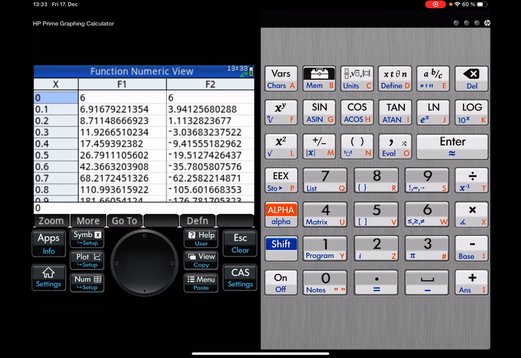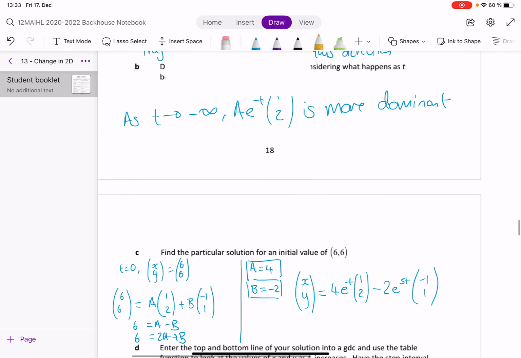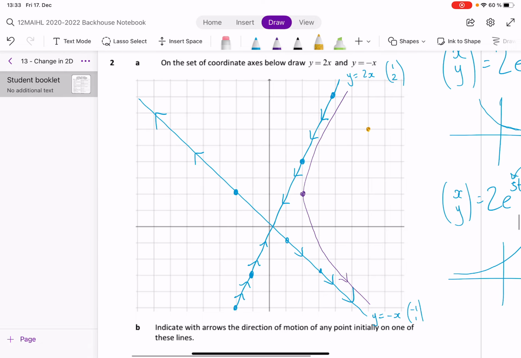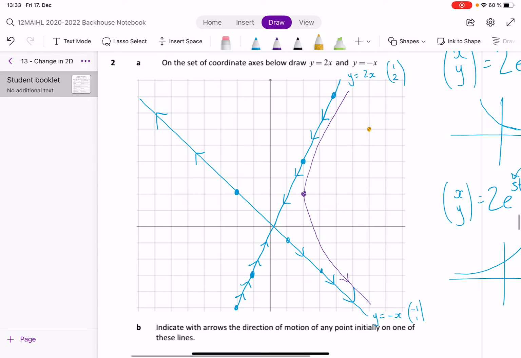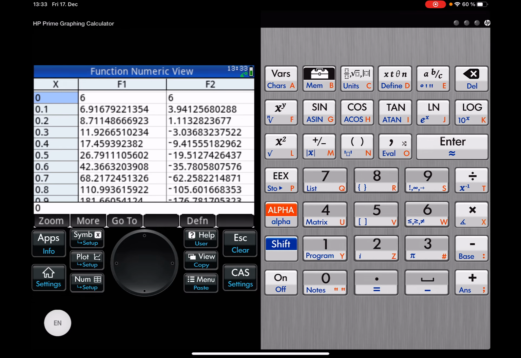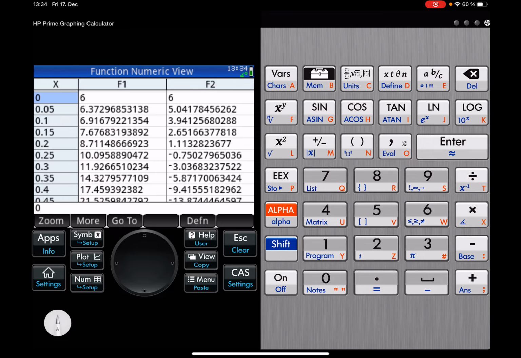If we wanted, we could plot some of these points. So I'm going to plot the next point as roughly 7, 4. That's where it's going to move to. So 7 and 4 is over here. I'm not sure I'm going to be able to plot many of these points. Maybe if we zoom in again.